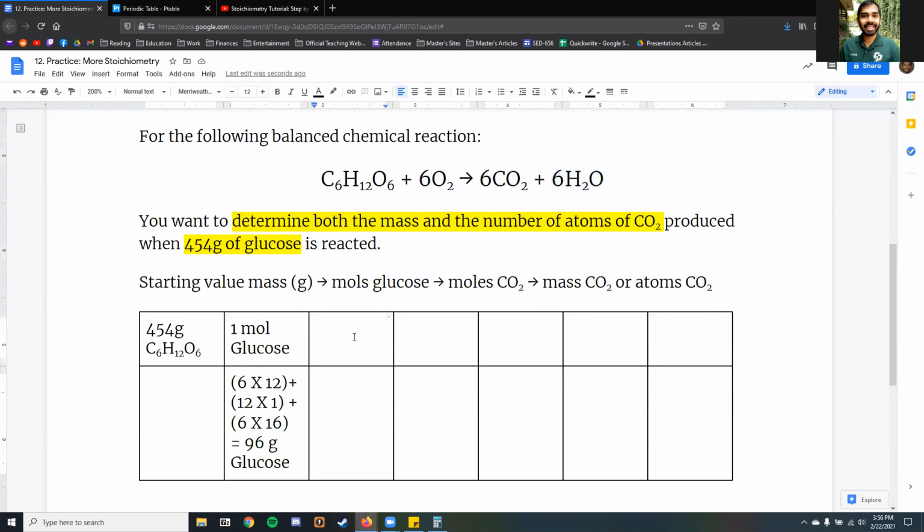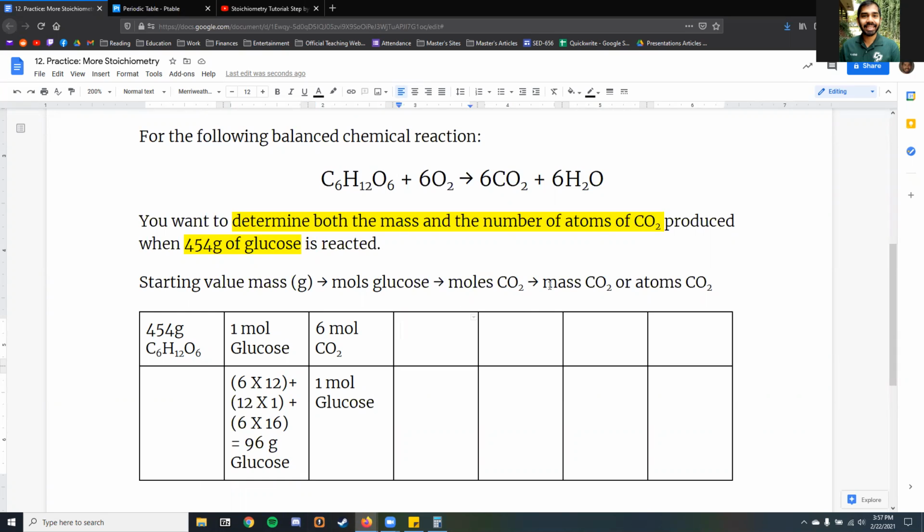And so my ratio tells me that 6 moles of CO2 are made if I have 1 mole of glucose. Right? So I've now converted my units from grams to moles of glucose, and now I'm at moles of carbon dioxide.